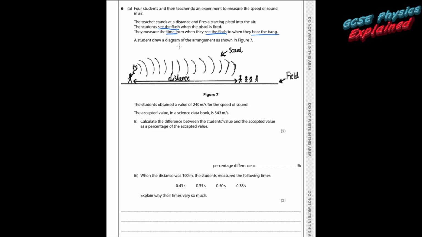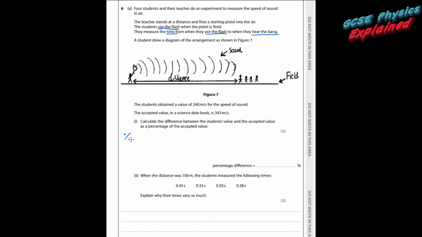A student drew a diagram of the arrangement as shown in figure 7. The students obtained a value of 240 meters per second for the speed of sound. The accepted value in a science data book is 343 meters per second. Calculate the difference between the student's value and the accepted value as a percentage of the accepted value.